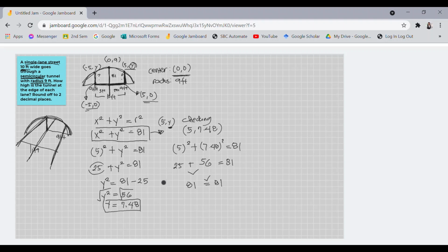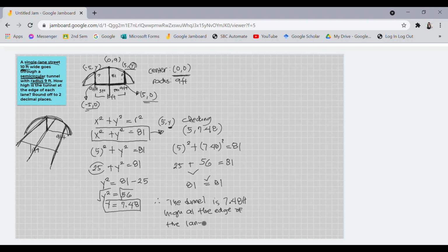Okay? So, to answer the problem, we can now say the tunnel is 7.48 feet high at the edge of the lane.